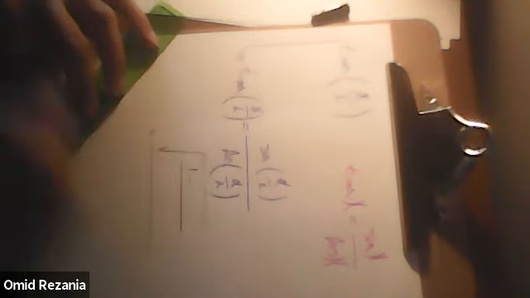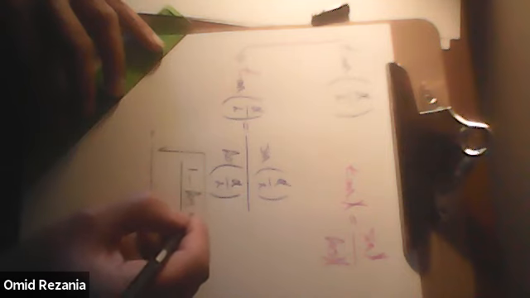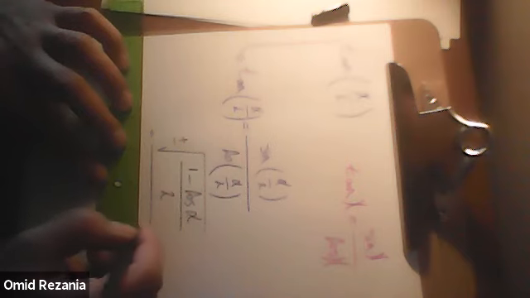Let me change my color. For the sine of alpha over 2, I'm going to write 1 minus cosine of alpha divided by 2, and I have plus or minus sign there. And also for the cosine of alpha over 2, I have the same thing.